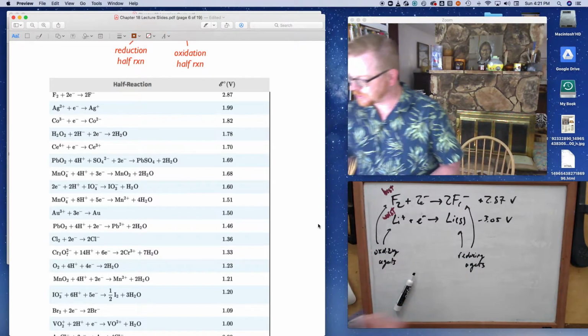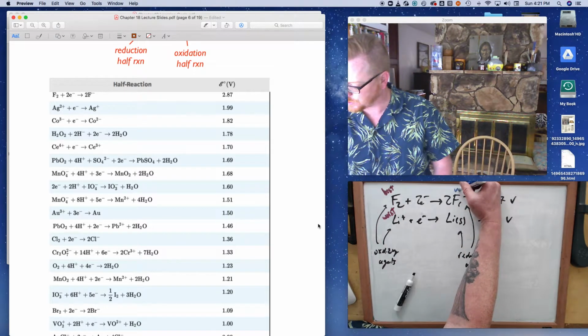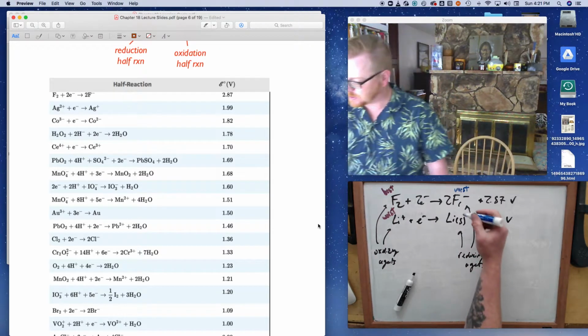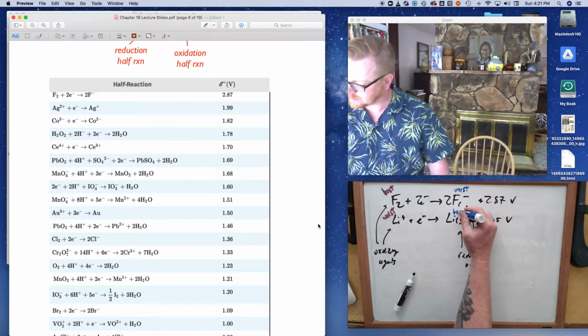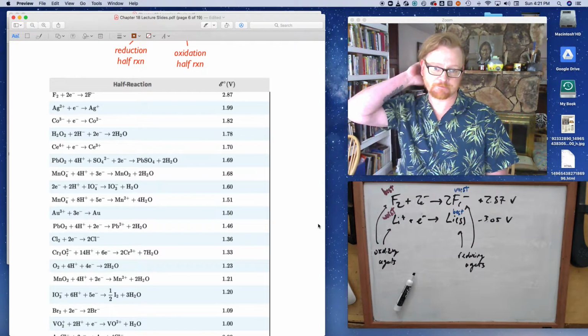And as reducing agents, this means fluoride is the worst reducing agent, and lithium solid is the best reducing agent. Okay?